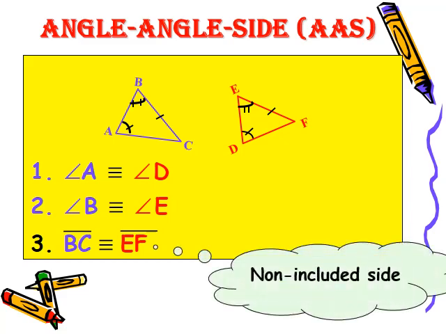We observe the side is not included between two angles, but the side BC of one triangle, opposite to angle A, is congruent to the corresponding side EF of another triangle, opposite to angle D. So the two triangles are congruent. Triangle ABC congruent to triangle DEF.